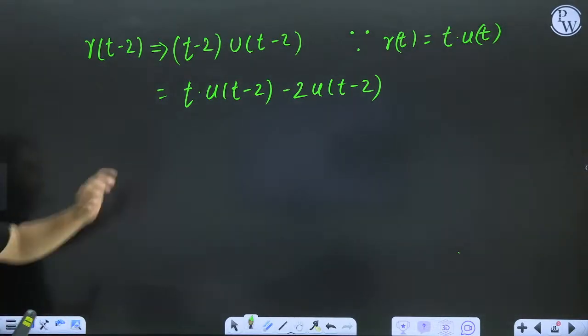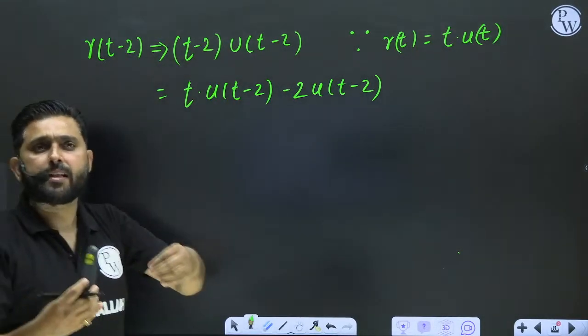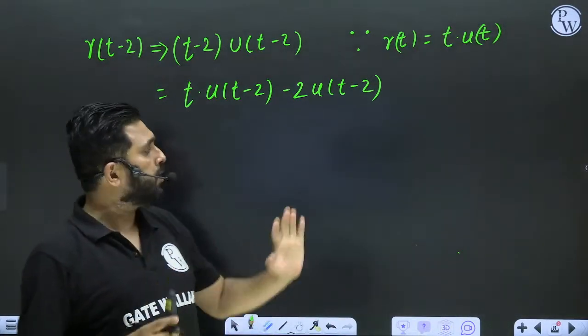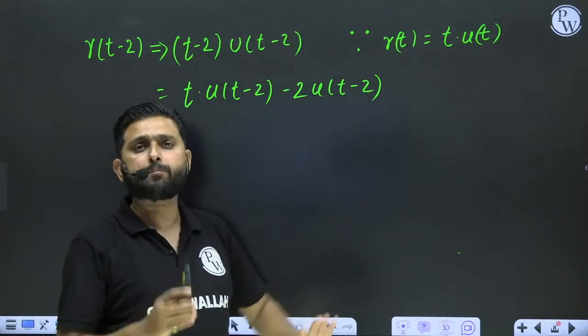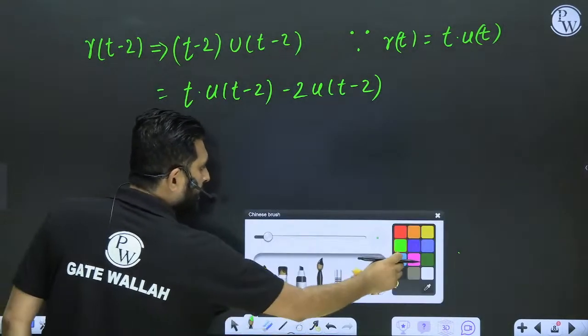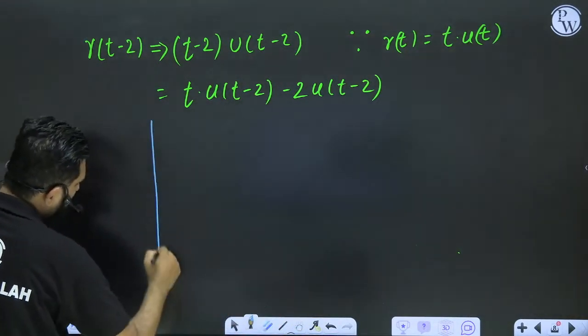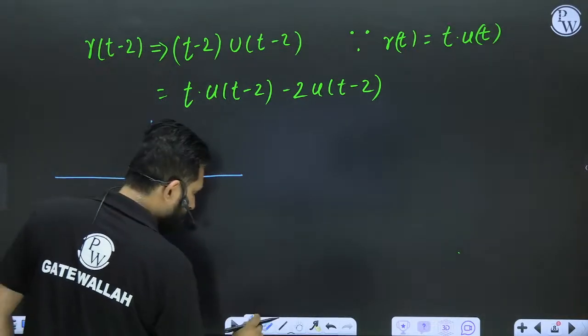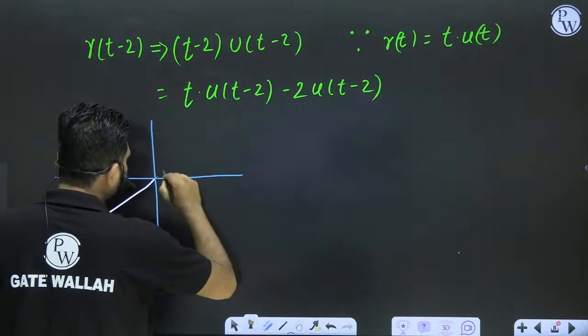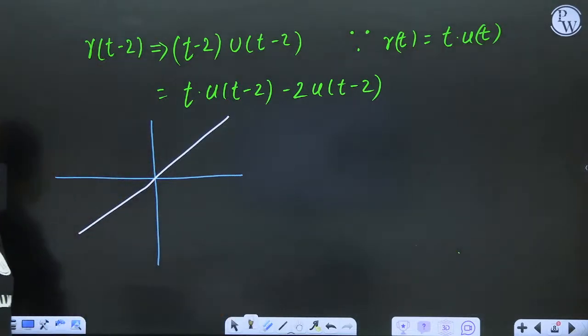So let us make this function and let's feel what is going on inside a certain ramp function. See, what is t? I know that t is this one. This is t.